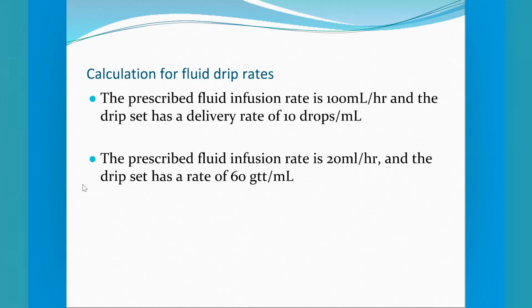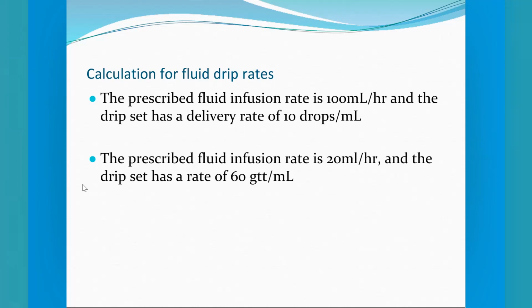So if we take that hour and we substitute that hour with 3,600, and then we say, all right, 100 times the 10, divide that by 3,600, we now will be able to get our answer, right?